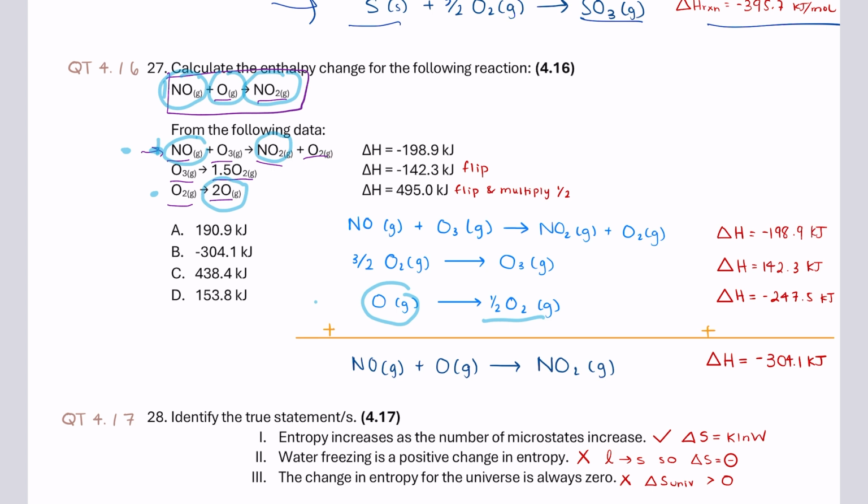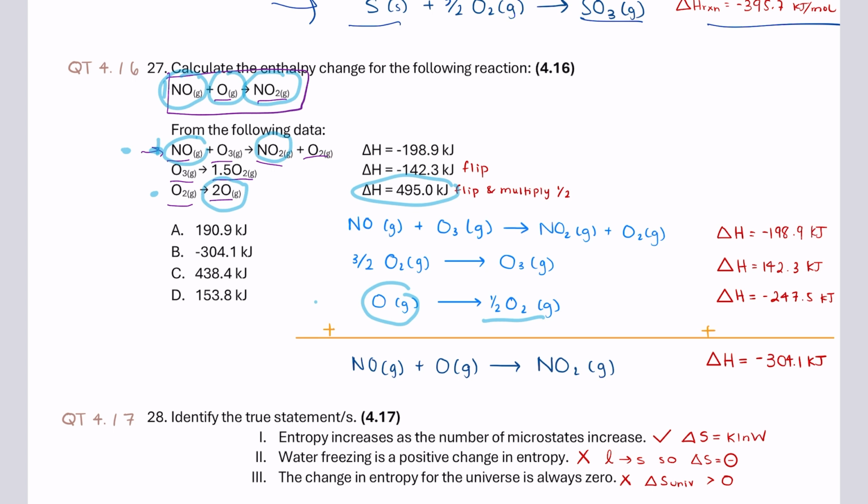And since we flipped and multiplied by 1/2, we need to do the same thing for delta H here. We flip the sign and we divide by 2. That gets us that delta H is equal to negative 247.5 kilojoules.